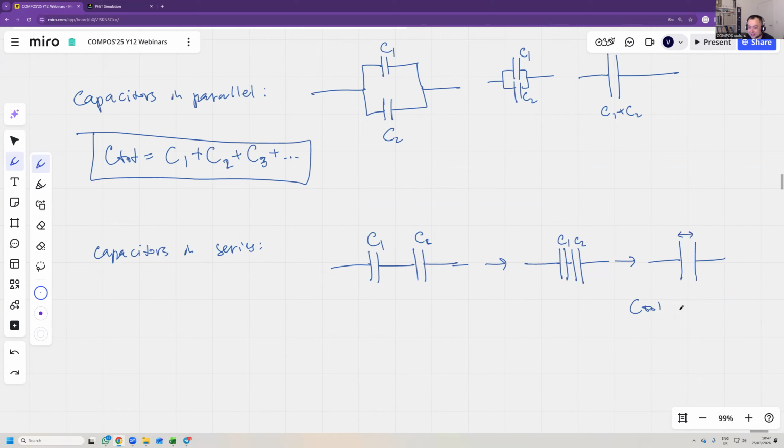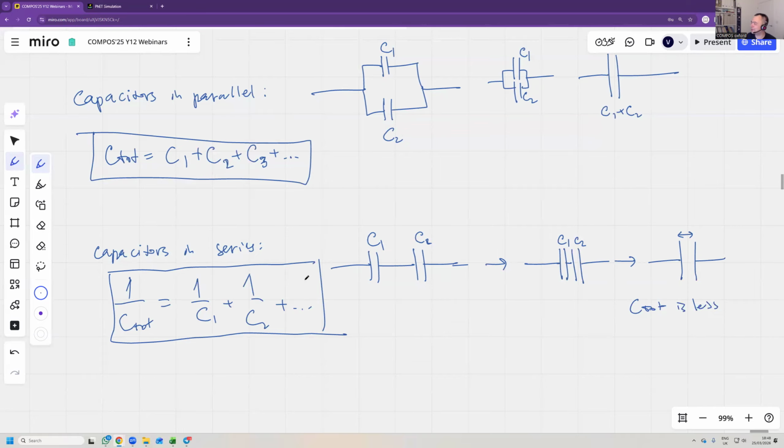Therefore, 1 over C total for series capacitors is 1 over C1 plus 1 over C2 plus etc. Just like resistors, but the other way around. I hope that makes sense.